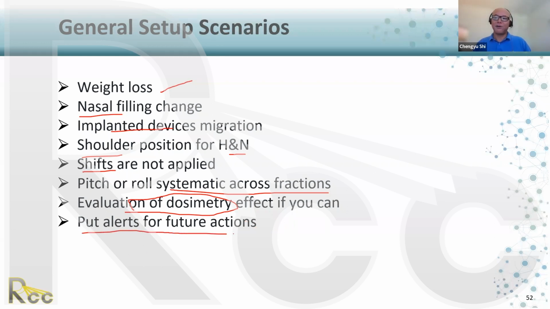Put an alert for the patient for future action, like pay attention to the shoulder alignment, or pay attention to the nasal filling, pay attention to the weight loss. If it still continues, let's replan the patient so that you are on the same page, okay? And you may email the whole group to alert them that that patient needs further attention.